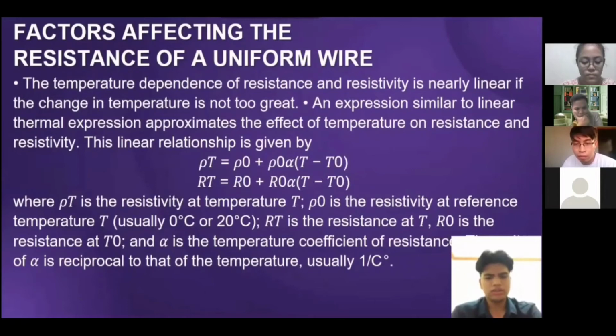Rt is the resistance at T, Ro is the resistance at To, and α is the temperature coefficient of resistance. The unit of α is reciprocal to that of the temperature, usually 1 over degrees Celsius.